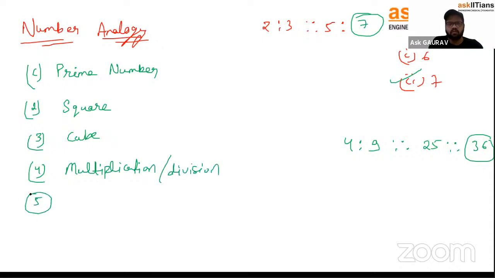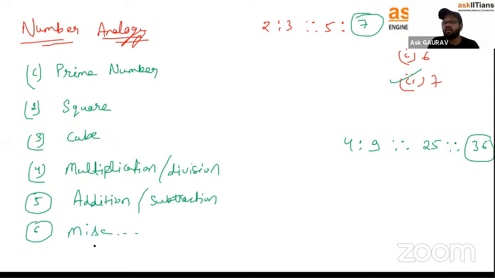Then fifth is your addition, subtraction, or a mixture of it. And sixth is miscellaneous, anything. Anyhow, you are getting that pattern and you follow the same for the others. That's it. So these are the priority patterns.